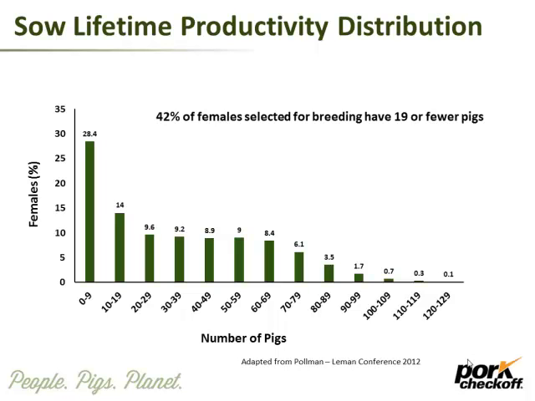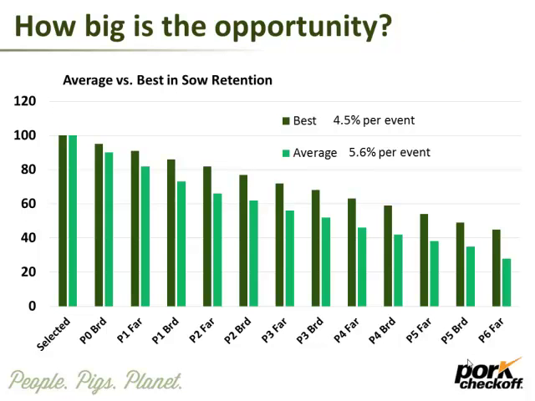And this graph just shows it a little bit better in a slightly different way. There's variation within the amount of sows that are retained, even within the same system. So this data comes from a large production company, and they looked at their best farms in sow retention, and they looked at their average farms, and they compared how their best farms did to their average farm.